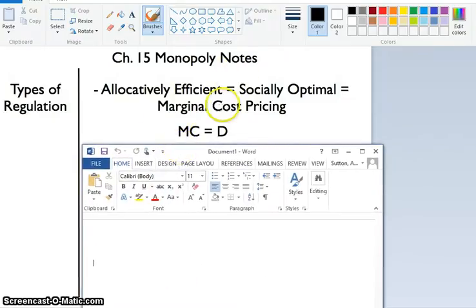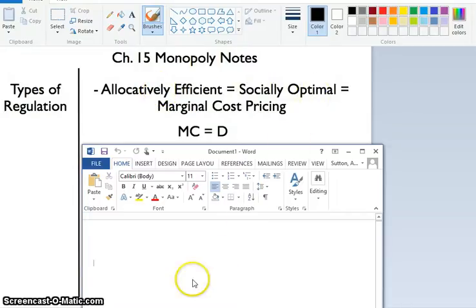But for the most part, this is not the term you see. On the AP test, they like allocatively efficient. I think socially optimal ends up being one that I probably prefer as a term, but if you hear one or the other, they are exactly the same.